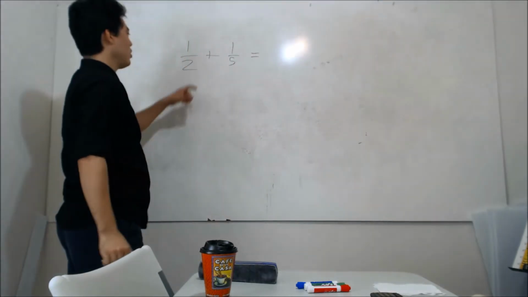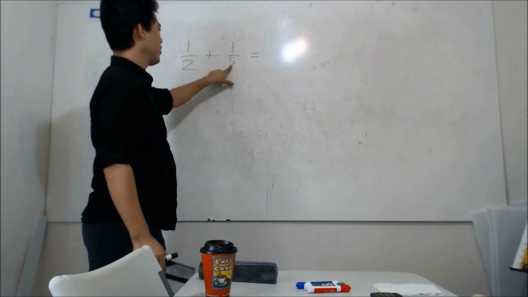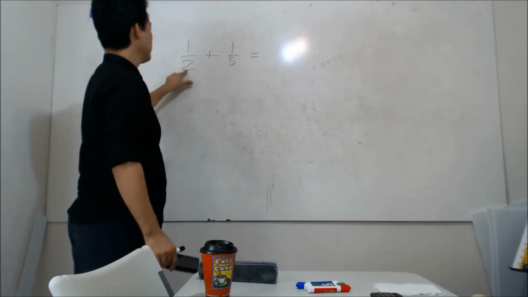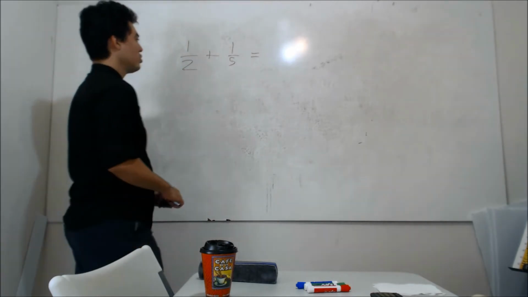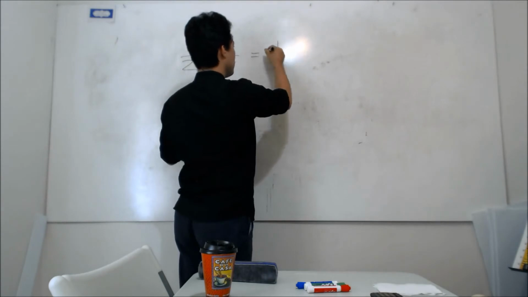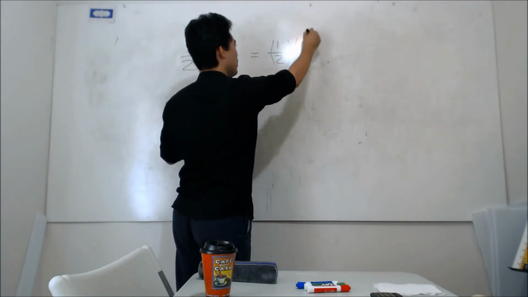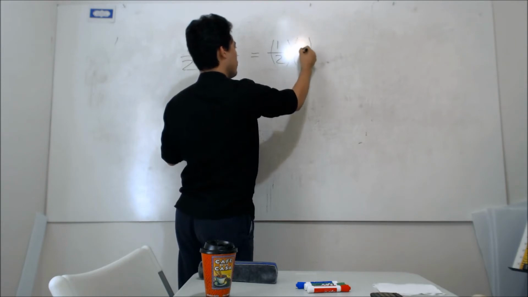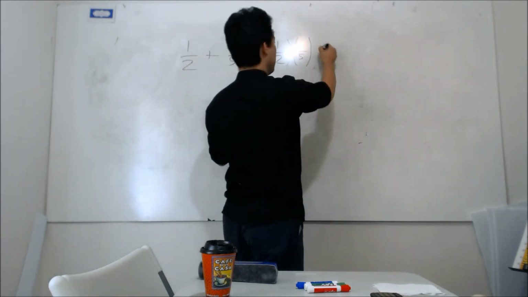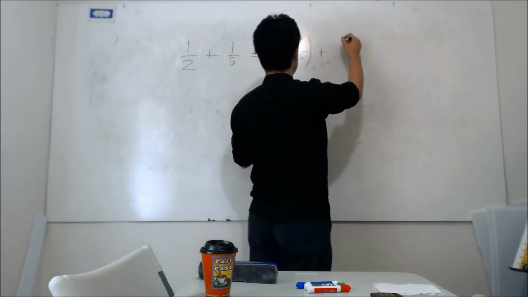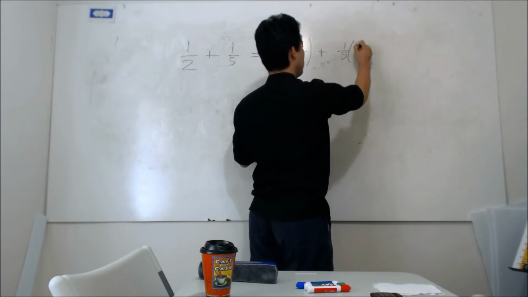I know that if I multiply 5 times 2, I get 10, right? 5 times 2 equals 10, and 2 times 5 equals 10 also, right? So watch what I'm going to do. I'm going to take my fraction 1/2, and I'm going to multiply it by 1, but in the form 5 over 5. And I'm going to add this fraction, which is 1/5, but I'm going to multiply it by 1 in the form of 2 over 2.